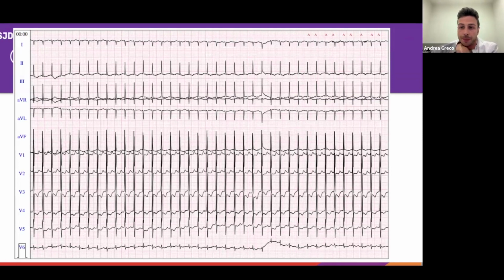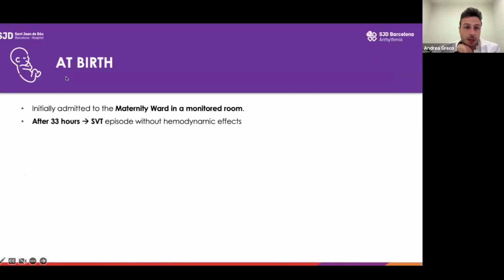So this is a tachycardia, a narrow QRS with no normal P waves, and with some retrograde P waves, very difficult to differentiate. So this is an SVT episode without hemodynamic effects at this time.